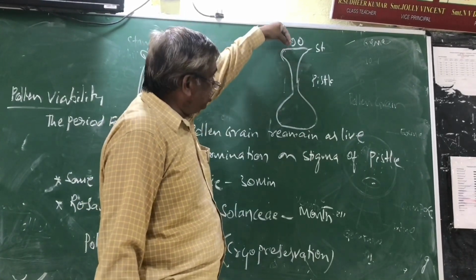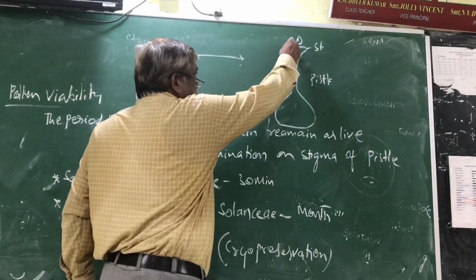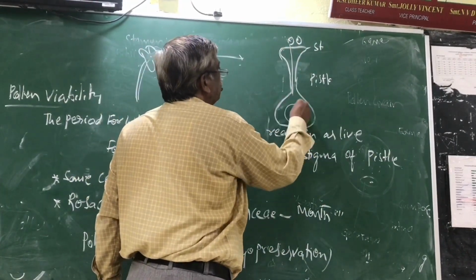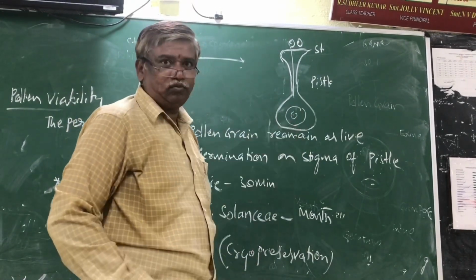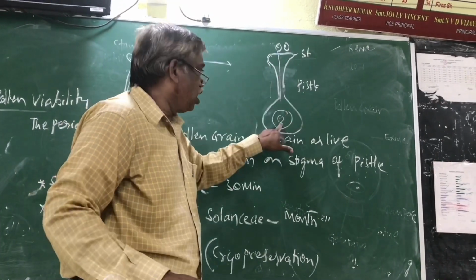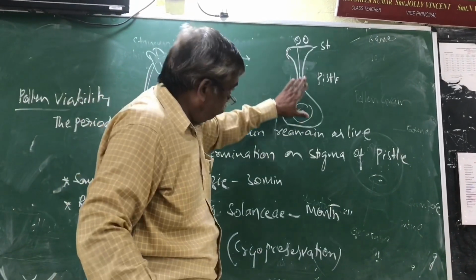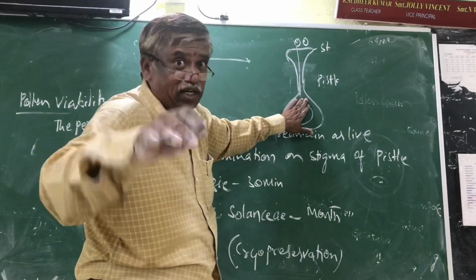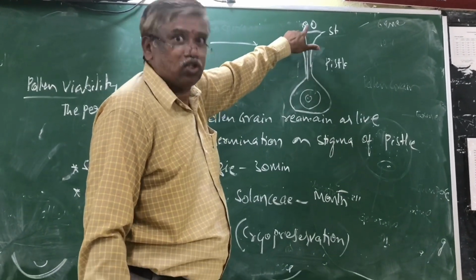After the deposition, they form a pollen tube to carry male gametes into the ovary or pistil. How the pollen tube is formed and how fertilization takes place, we can discuss later. But for fertilization, the pollen grain must be deposited on the stigma.